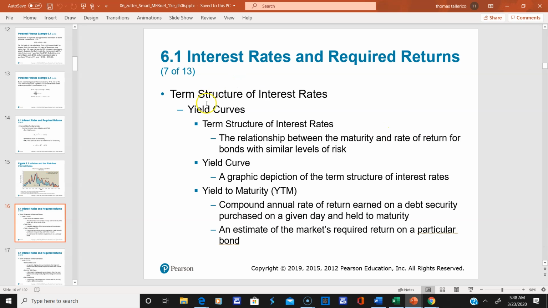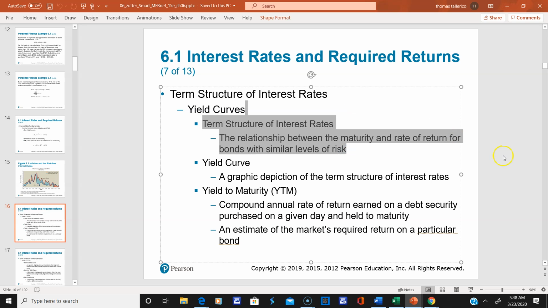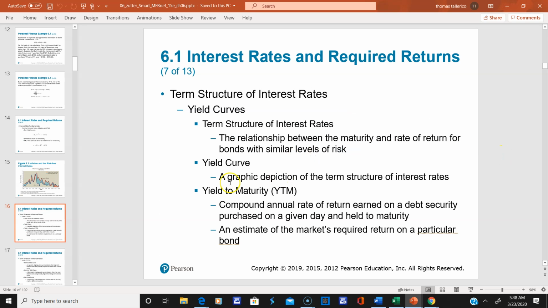All right, the yield curve. The government puts out a yield curve that determines the interest rates over time for different treasury securities, starting out with 1 month and going up to 30 years. It's basically just a graph of the term structure of interest rates.